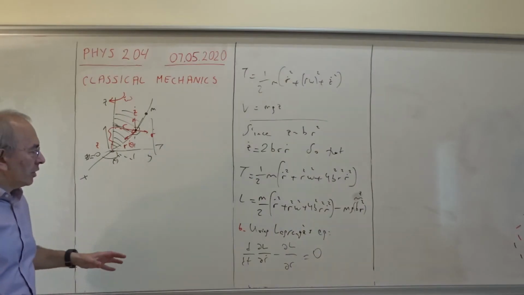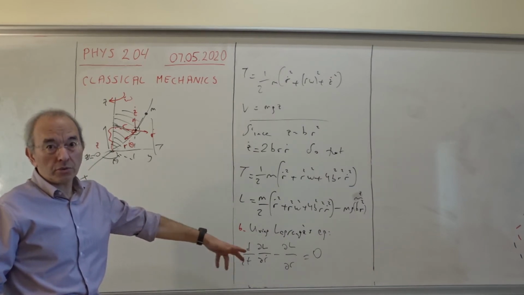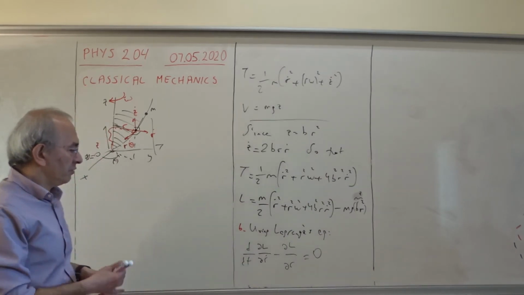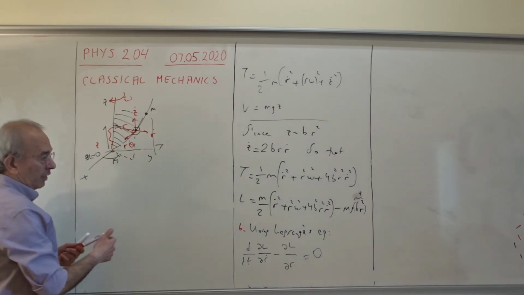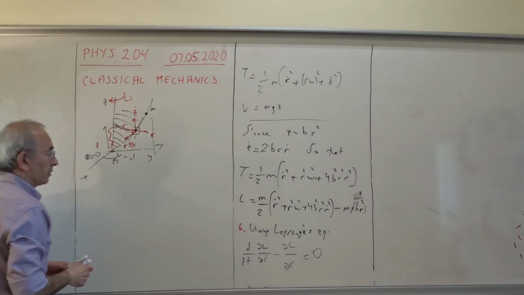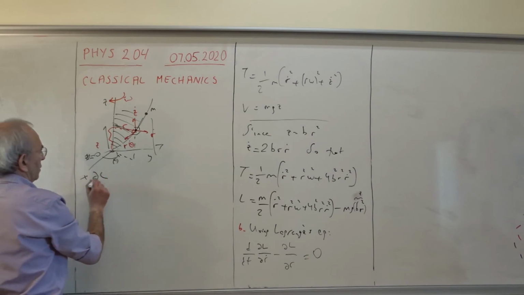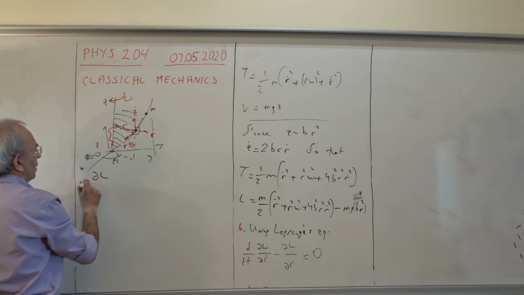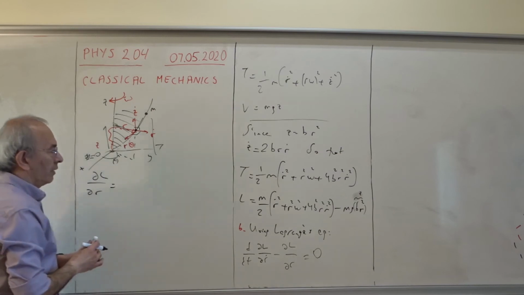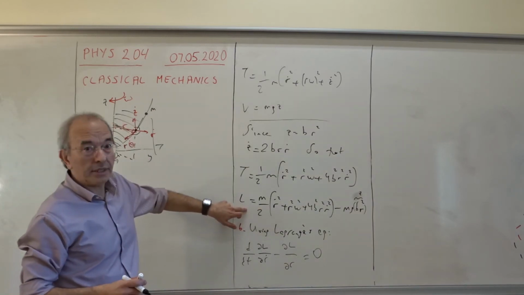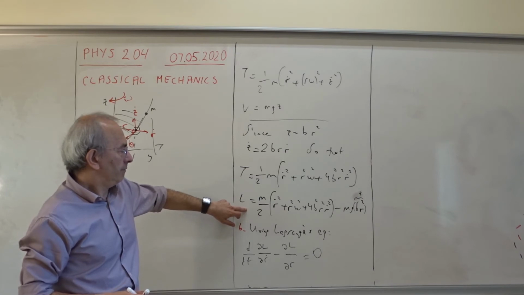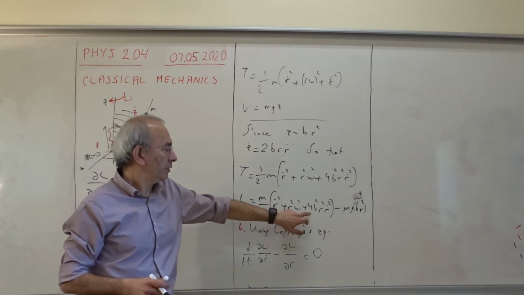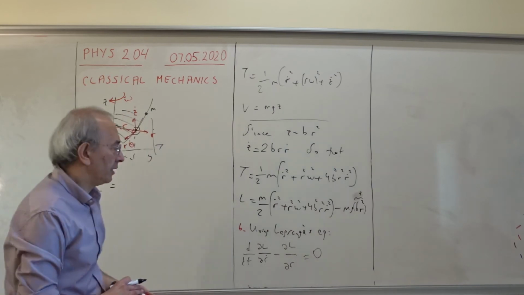Now it is time to take the derivatives with respect to the coordinates and the derivative of that coordinate. First, let's find del L by del r. As we look at the Lagrangian, the second, third, and fourth terms contain r.